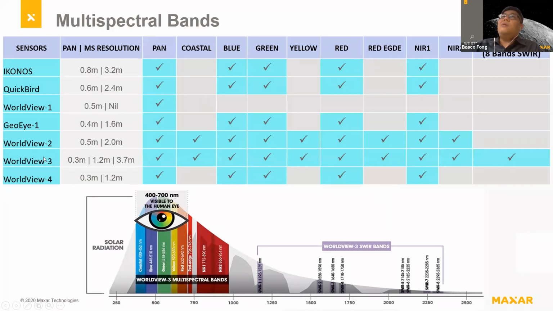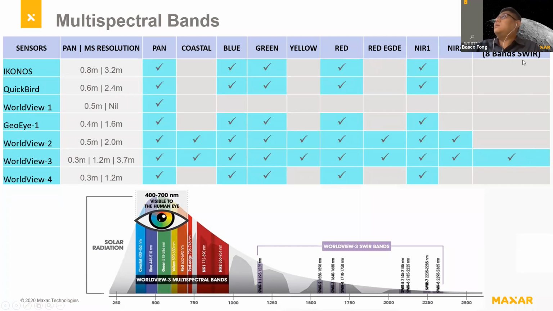For WV2 and WV3, we have additional bands: coastal blue, yellow, red edge, and also near infrared 2. So in total, for WV2 and WV3, we are able to deliver 8 bands. And for those interested in mineral mapping or the mining industry, shortwave infrared is another option.